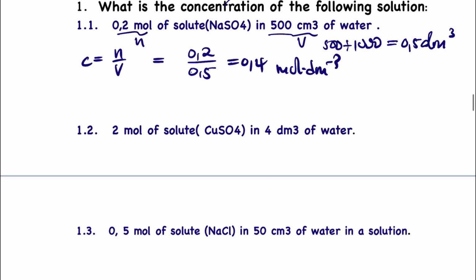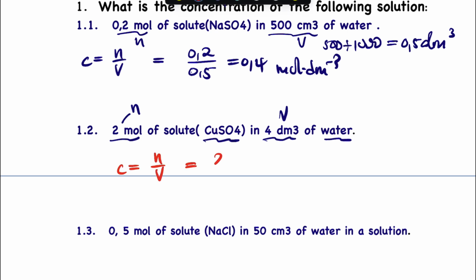And the next question says 2 mole, which is the number of moles of copper sulfate, in 4 dm3 of water. So this is the volume. You use the same formula, C is equal to n over V. We take the number of moles, which is 2, and divide by the volume, which is 4. The answer will be 0.5 mole per dm3, right?